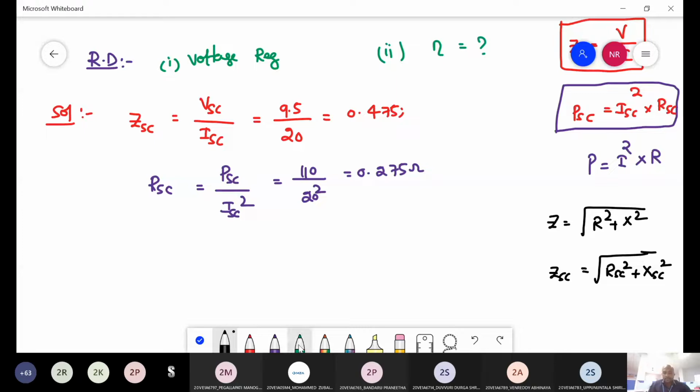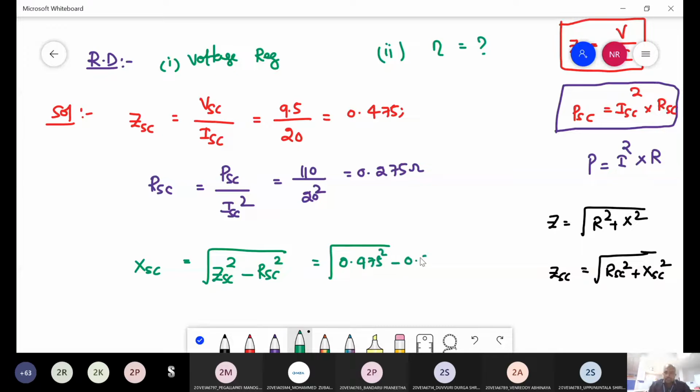Then XSC is equal to under root of ZSC whole square minus RSC whole square, which is under root of 0.475 whole square minus 0.275 whole square. That is 0.3873 ohms.